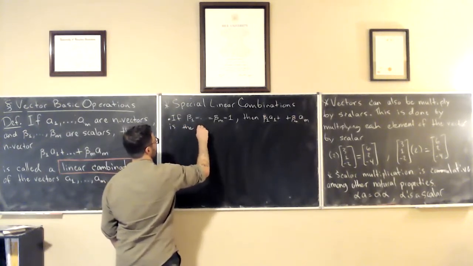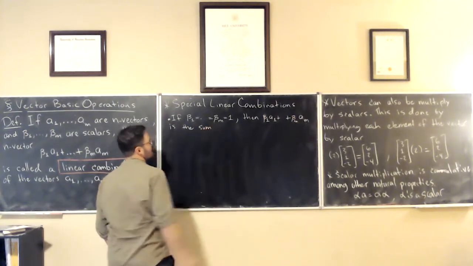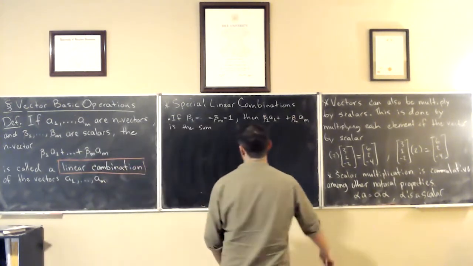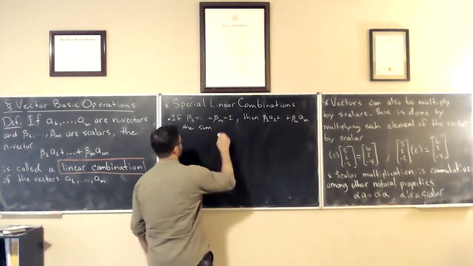This is the sum of elements, or the sum of vectors in the list.